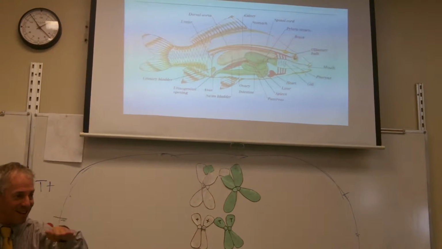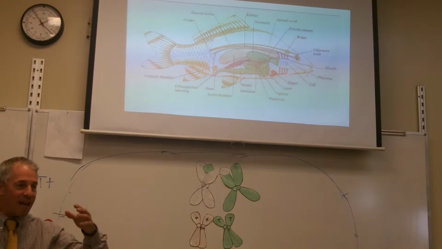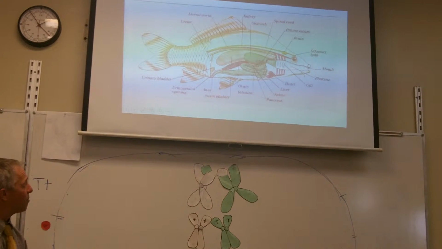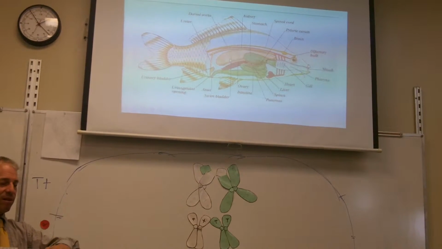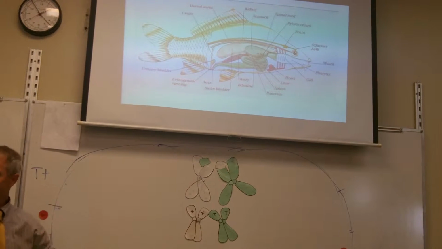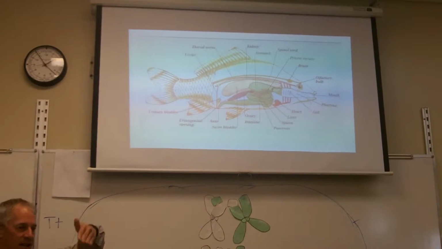How's it doing that? It takes gas from the water, oxygen from the water, and puts it into the swim bladder, and the swim bladder fills and it will rise up. Isn't that cool?